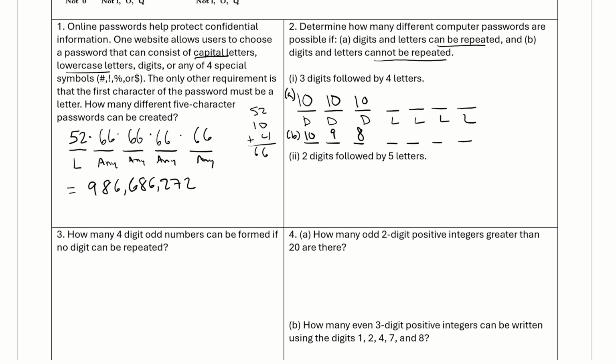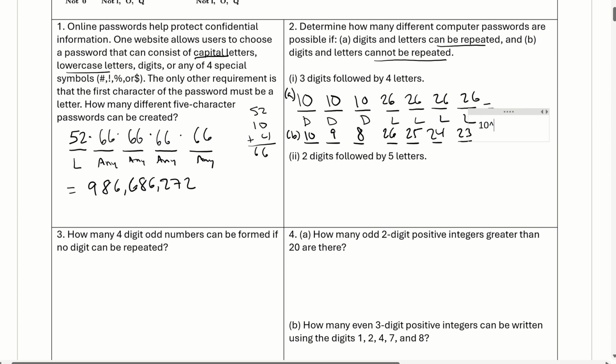And then for the letters, there's 26 letters, and we can repeat, so it's 26 all the way through. But for part B, we cannot repeat, so 26, 25, 24, and then 23. Go ahead and figure out what those numbers are. So we got basically 10 to the 3rd power times 26 raised to the 4th power, because there's 4 of them.